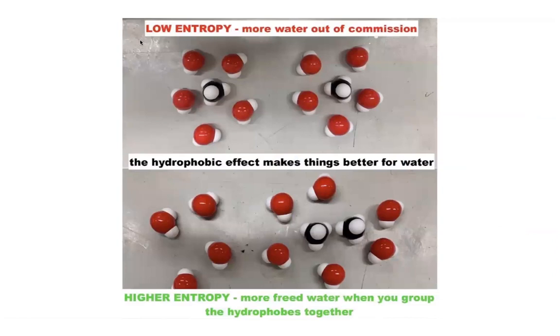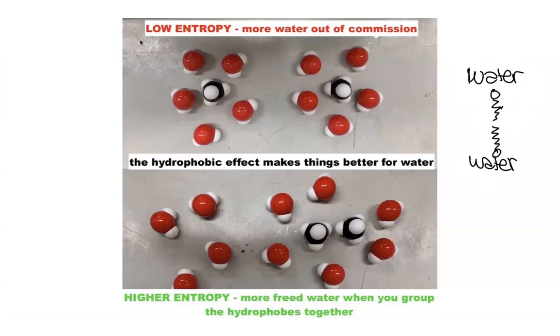Now, what's going to happen is typically you don't just have a fully nonpolar molecule. You're going to have something that has nonpolar and polar parts, so something that's amphiphilic. So if you have your water out here and you have your water out here, your molecules are going to line themselves up so that their polar parts hang out with the water and their nonpolar parts hang out away from the water.